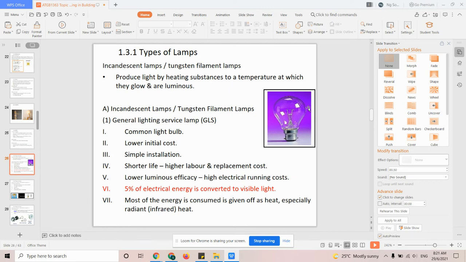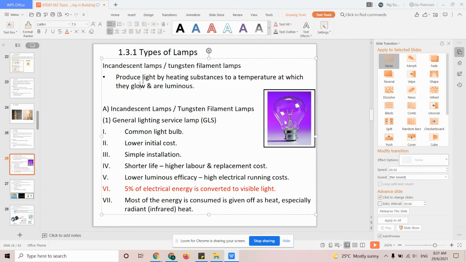So for the tungsten filament, this is the first type of modern lighting available. The method of how artificial lighting is produced by this sort of light is through passing electricity through a thin material.